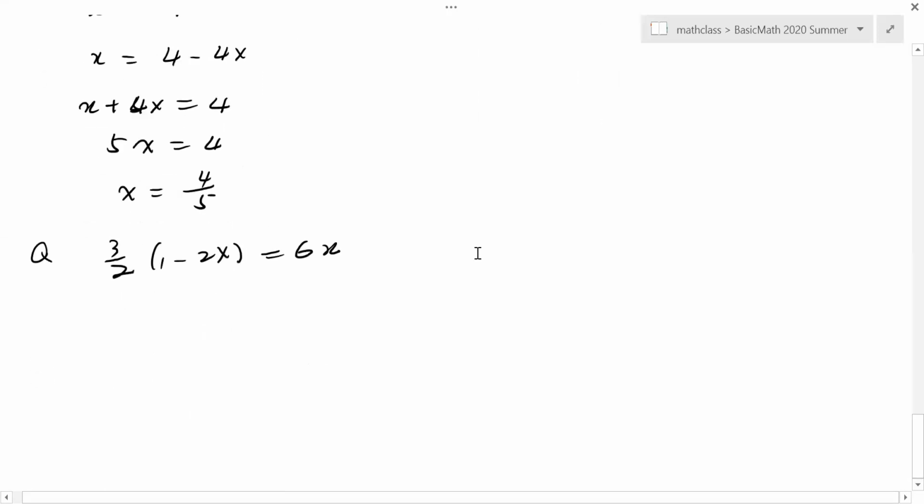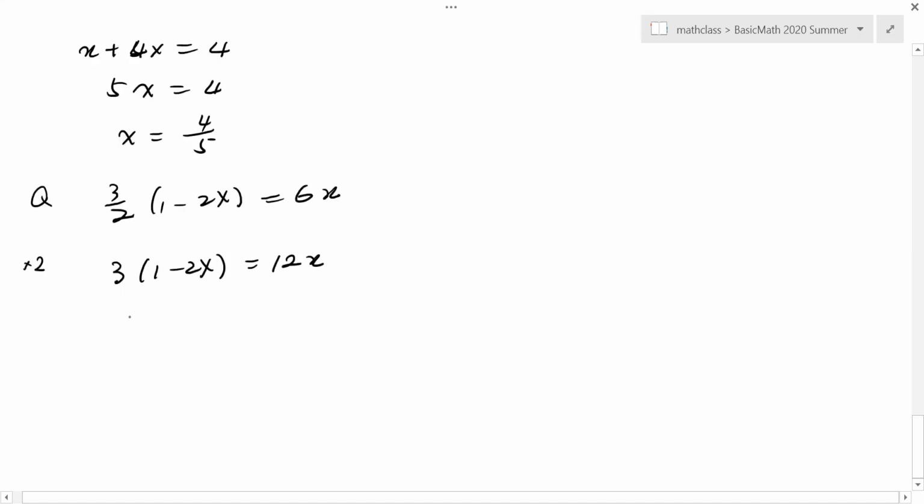Let me show you how to do it. Again, you multiply both sides by 2. So maybe I can write a note here. Multiply both sides, so you get 3 times (1 minus 2x) equals 2 times 6. Don't forget, every term should be multiplied by 2. Then I get 3 minus 6x equals 12x.